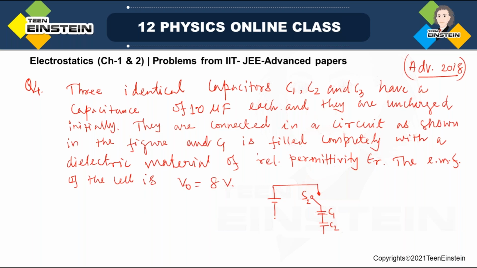There is another switch over here, S1, and another capacitor is connected here, C3. This is connected like this, and this is V0. So this is the circuit diagram.